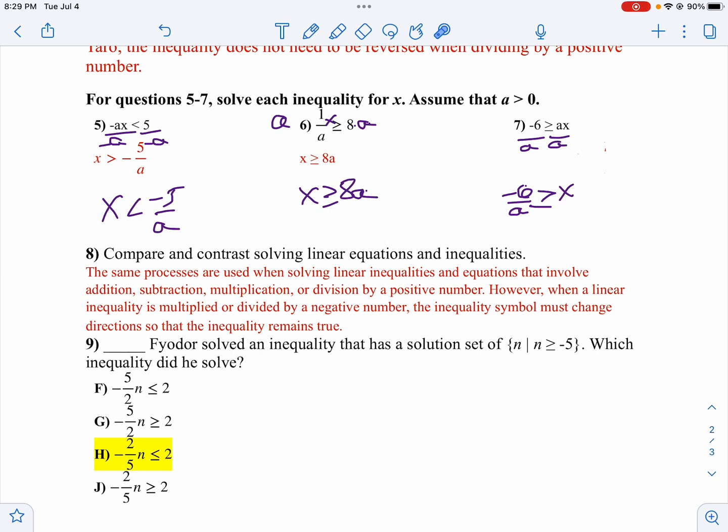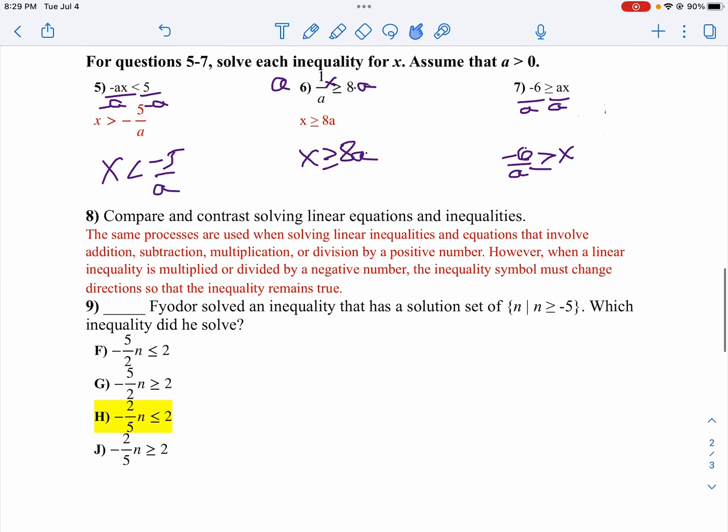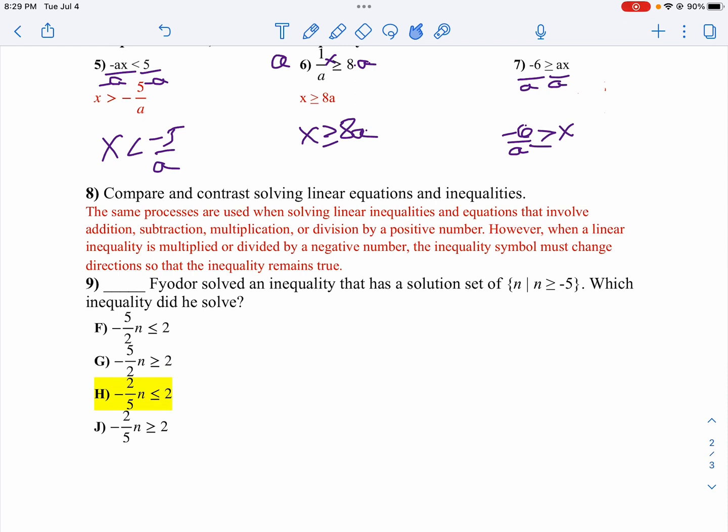Okay, number 9. Which inequality did Forder solve in order to get n is greater than or equal to negative 5? Remember, this is in set notation. Really, I just want which one gives n is greater than or equal to negative 5. So let's start with choice F. Negative 5 halves n is less than or equal to 2.